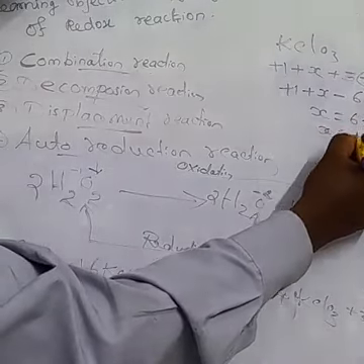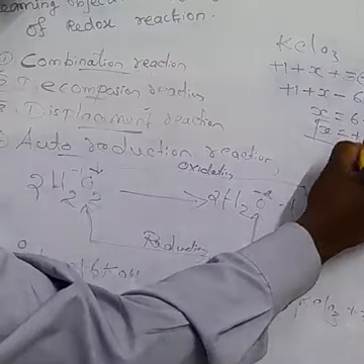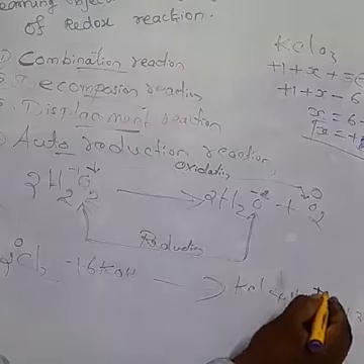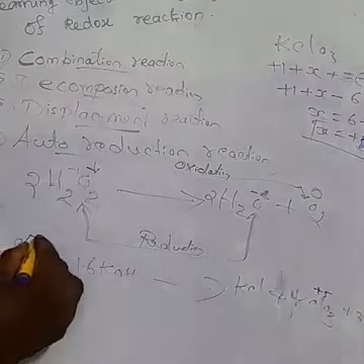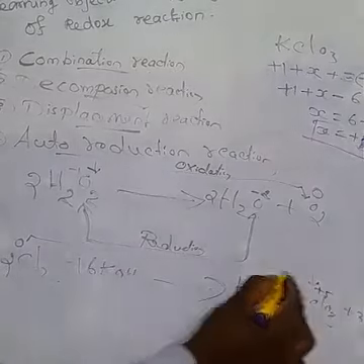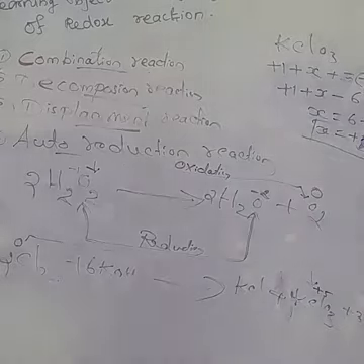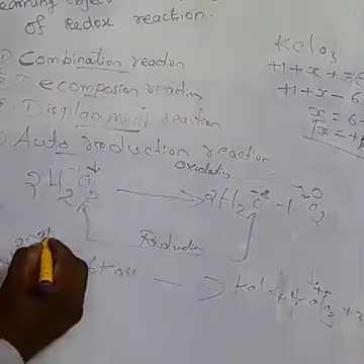X is equal to plus 5. So here the chlorine charge is plus 5. So what is the oxidation? Chlorine 0 to plus 5: is it oxidation or reduction? 1, 2, 3, 4, 5. Increasing or decreasing? Increasing. So it becomes oxidation.